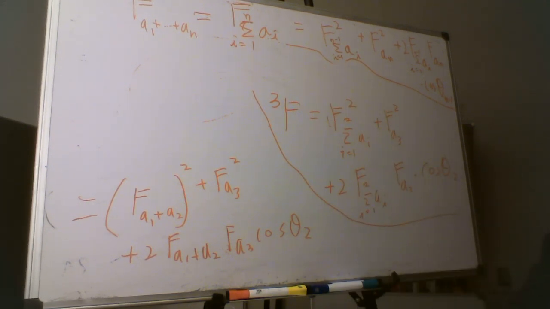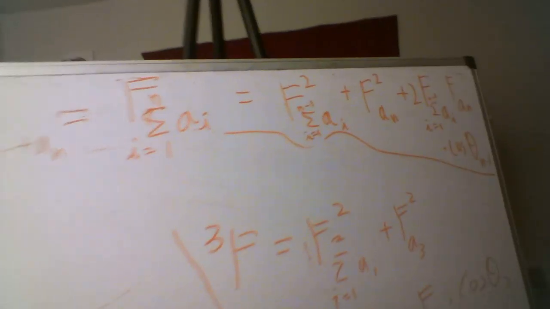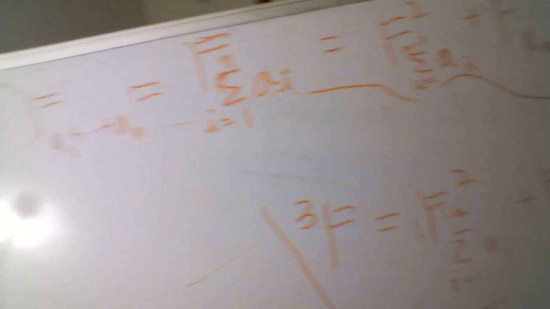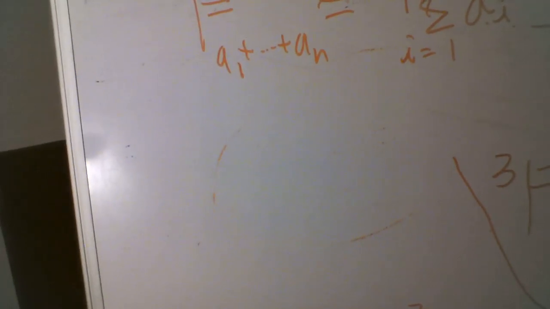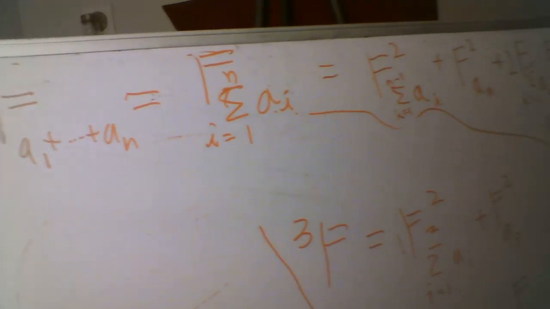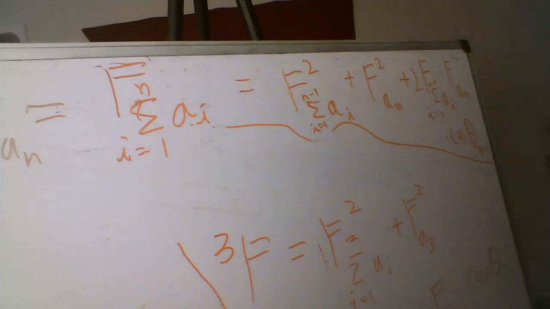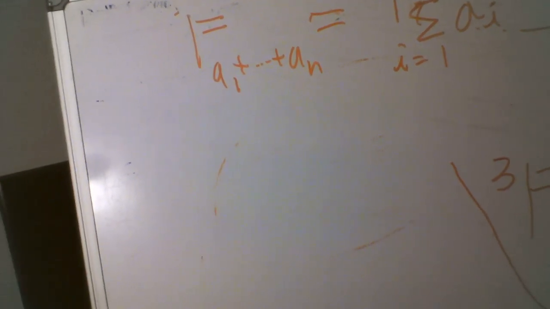So, it's a recursive function. Let me zoom it up for you, like this. Panning the camera. Pan to the left.